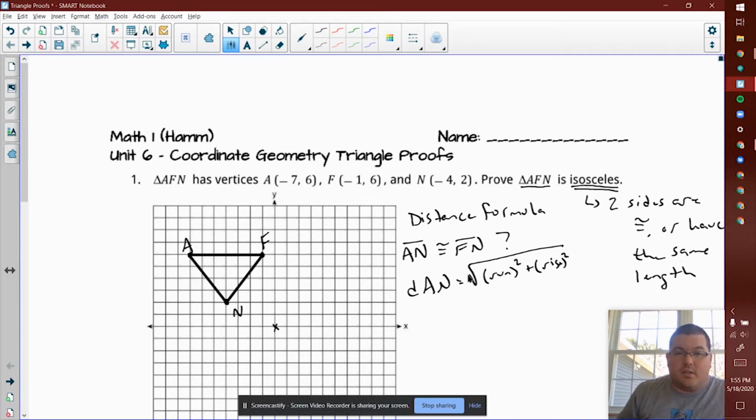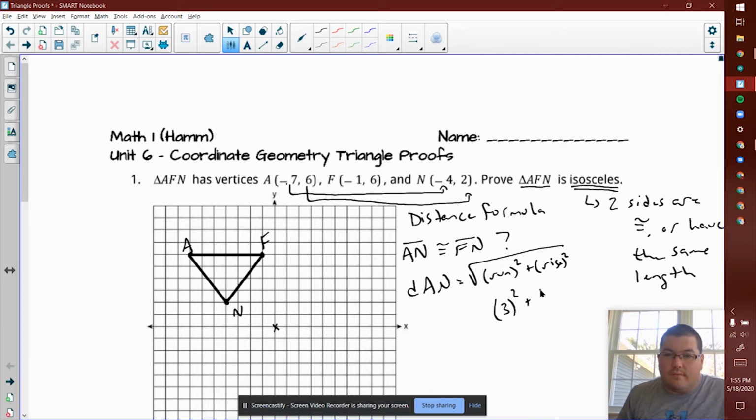Well, what is the run from A to N? From -7 to -4, the run there is 3. The rise from A to N, 6 to 2, is -4.